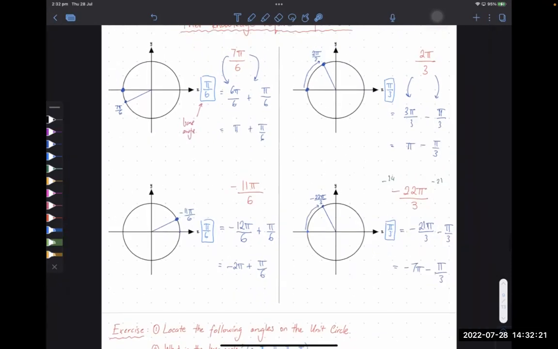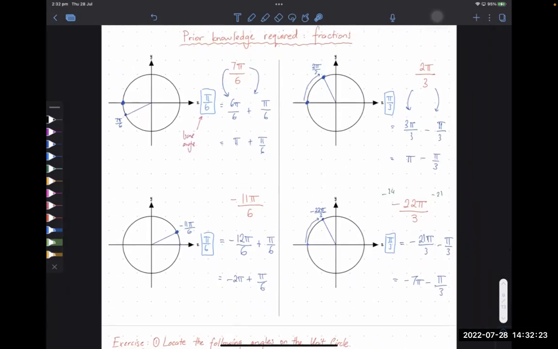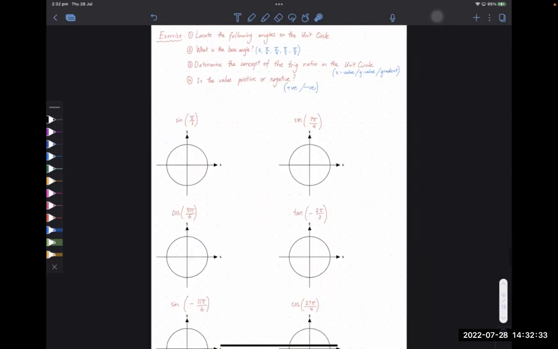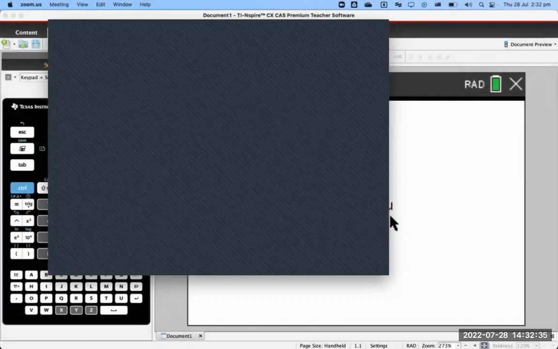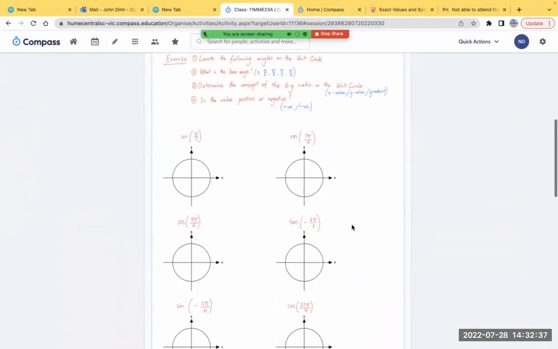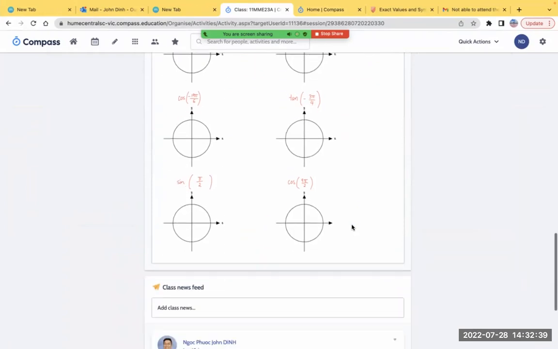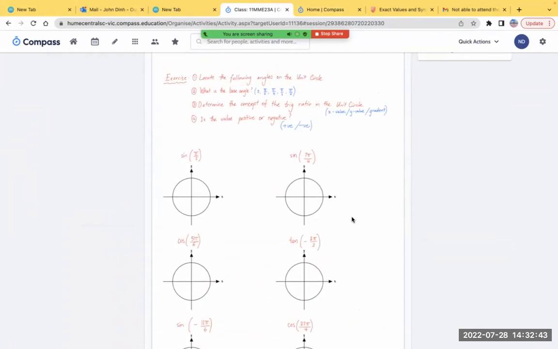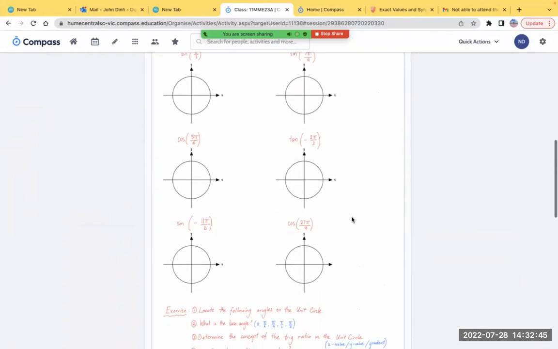Let's put all of our knowledge now into account, because each of these things here, we're going to have to start looking at the CAST symbol as well. I've put up these examples. I think I've put them up on Compass. If you look on Compass, you should be able to see these examples on there.